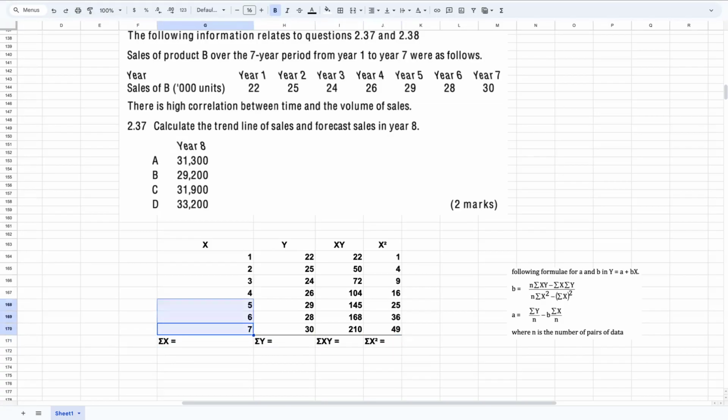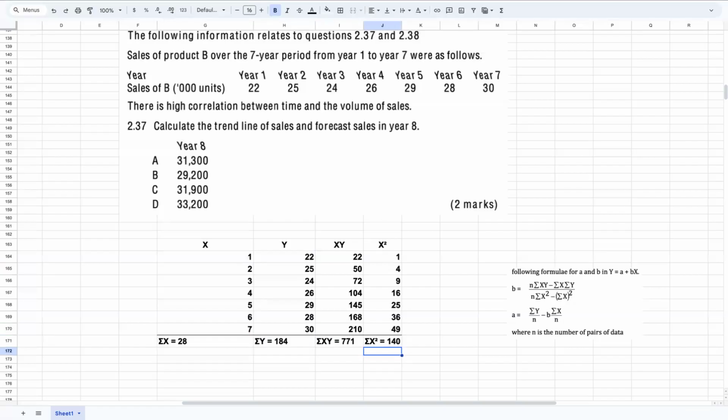So sigma X is 28. If you add all the things, you can get 28. Then sigma Y, if you sum, 184. Then sigma XY is 771. Sigma X squared is 140. Right? So we got all the numbers.